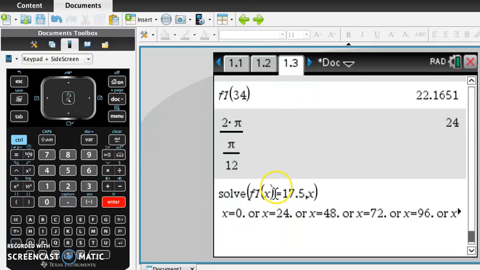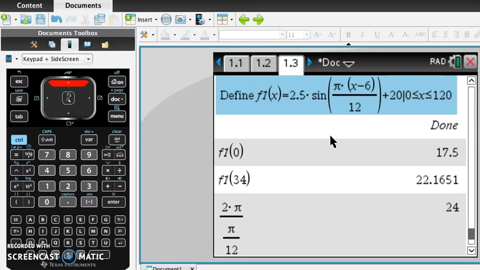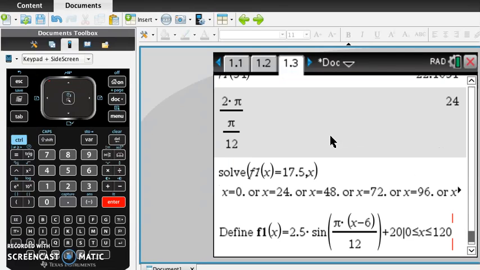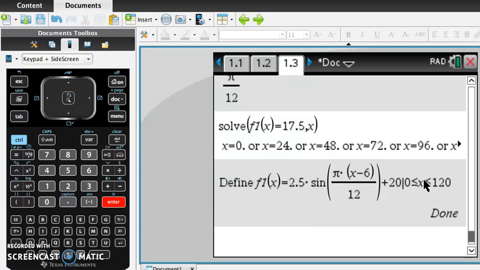Now, the key thing to remember is that I defined my function up here and put the 0 to 120 in already, so I get exact answers straight away. I don't have to worry about 0, 24, 48.